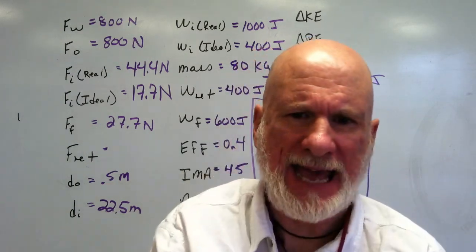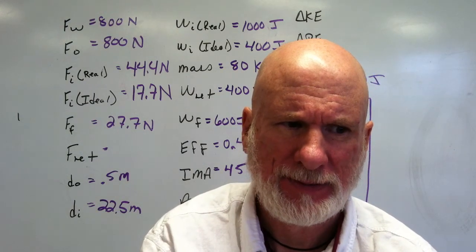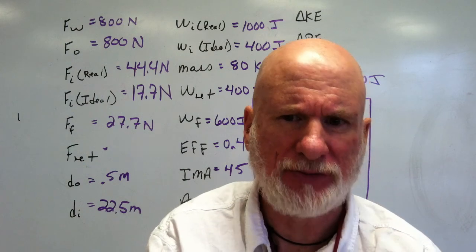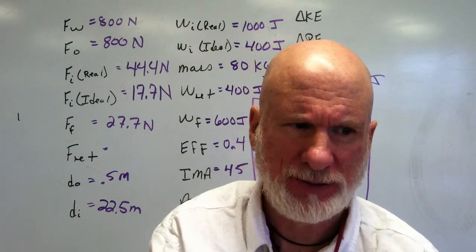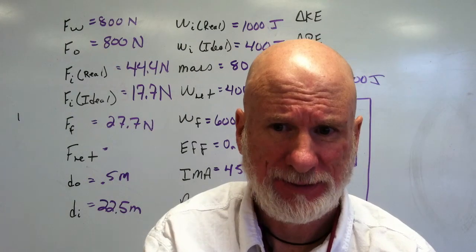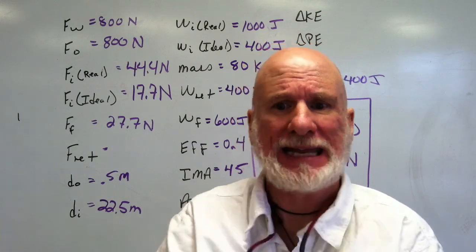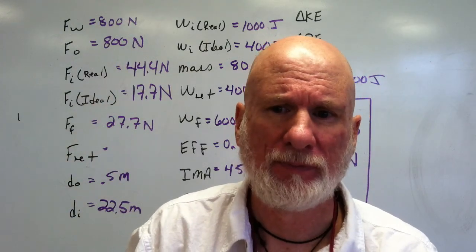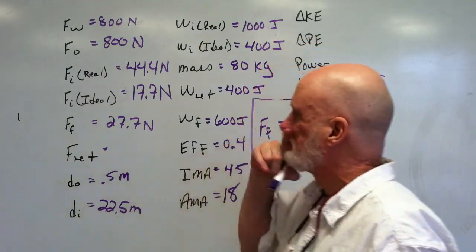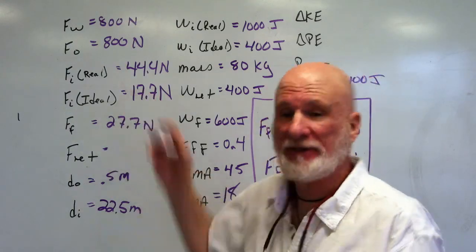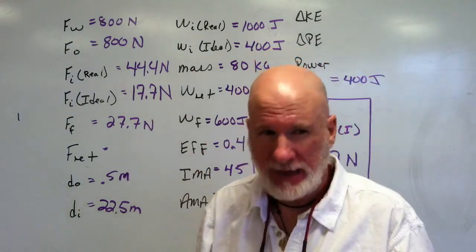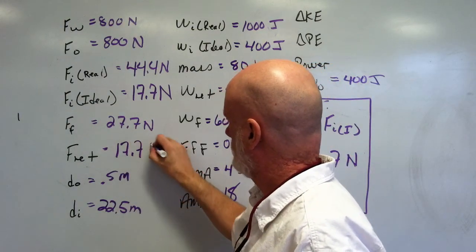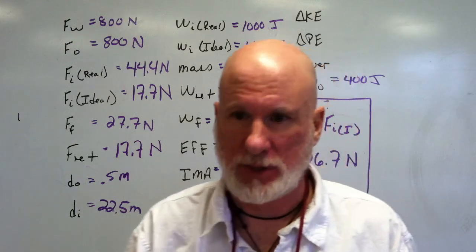In other words, isn't the F net the force I used minus the frictional part of that force? Isn't that the F net? So what does the F net equal up here? What is it the same as? FI ideal. You get that? They have to be equal, don't they? Correct?